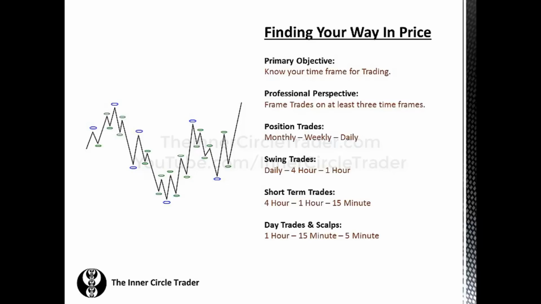For day trades, obviously, you can see it's the 1-hour chart. It'd be your highest time frame. You would be managing your trade on the 15-minute time frame, and your 5-minute chart would be utilized to enter. Now, it's not to say that you can't use a 5-minute chart on the short-term swing and position trades for entry.